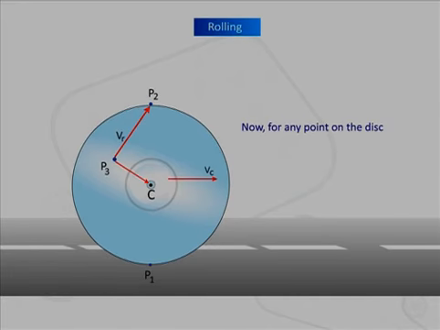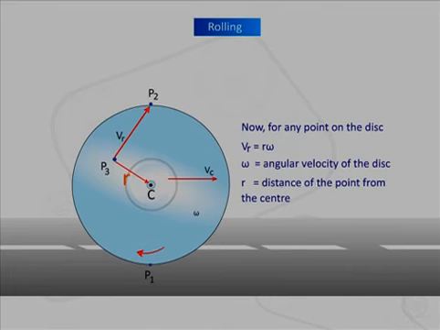Now we know that for any point on the disc, Vr is equal to r omega, where omega is the angular velocity of the disc and r is the distance of the point from the center of the disc.